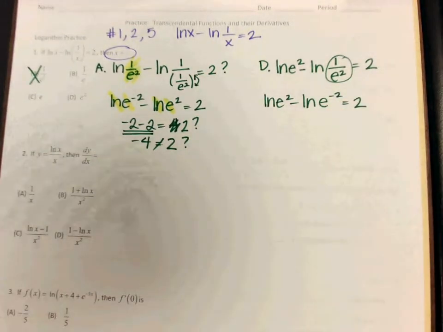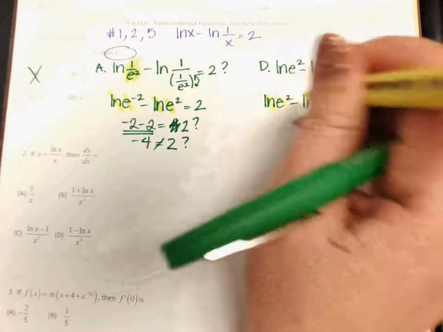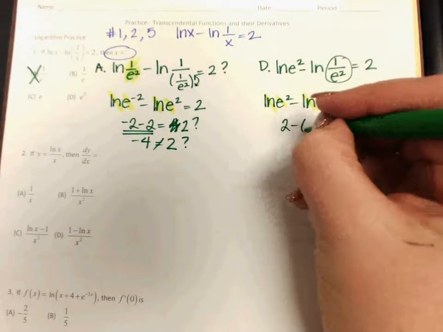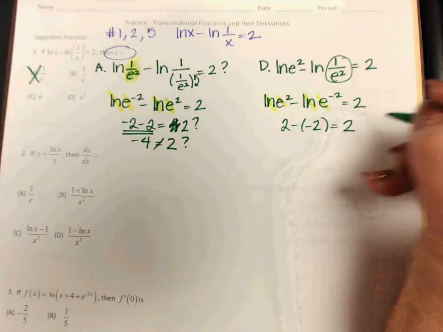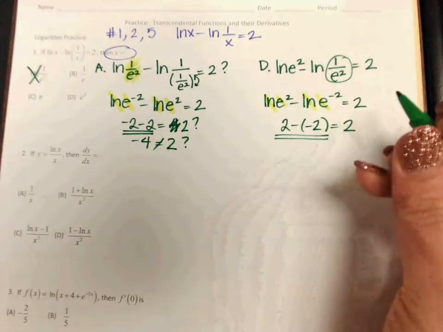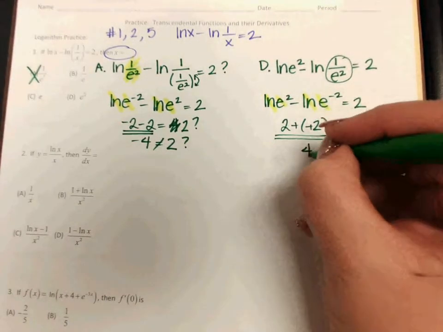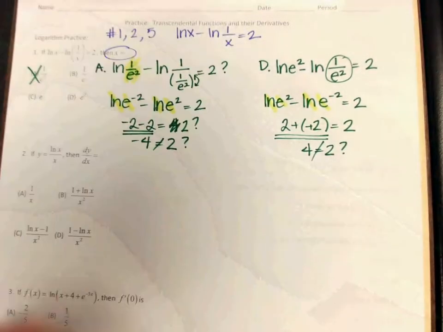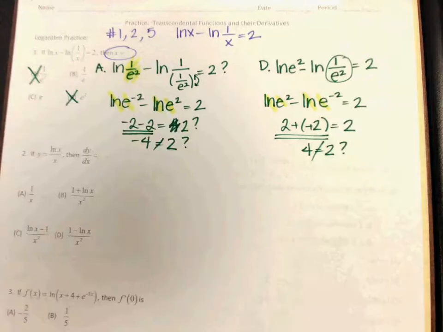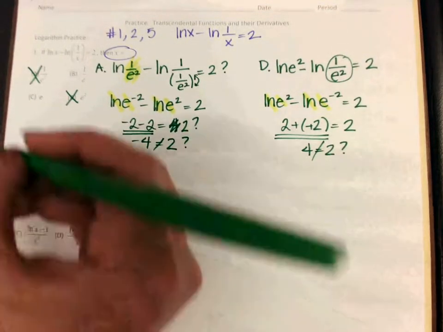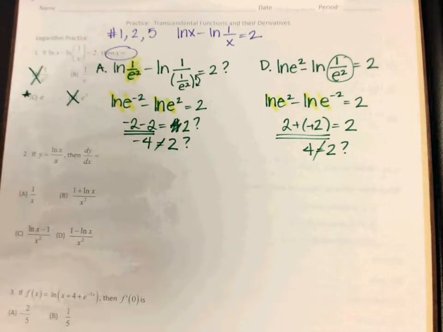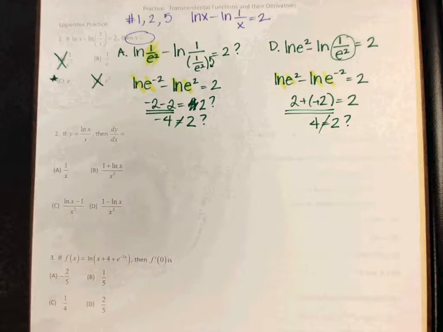And then from there, I know my ln and my e's cross out with each other. That's really 2 minus negative 2, and 2 minus negative 2 is really a plus, so that's 4 equals 2. And then we can see that is not true, so it is also not answer choice D. So hopefully that helps you figure out the correct answer. You should know that the correct answer is C because I already sent the answer key. But just in case you don't, C is the correct answer there.